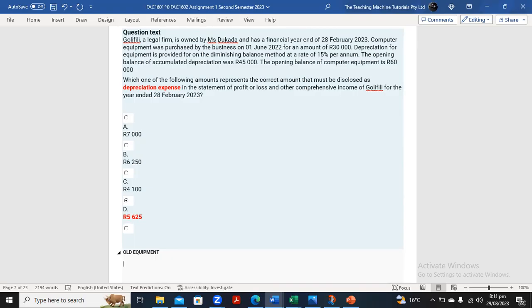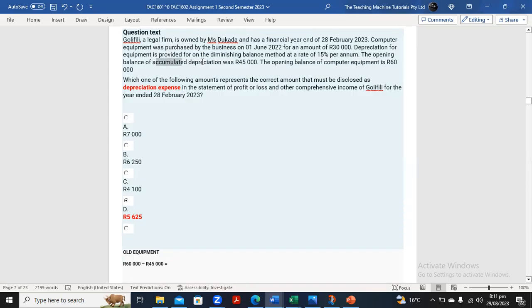The cost price of the old equipment is 60,000, minus its accumulated depreciation of 45,000. What is the difference? Remember, when we calculate depreciation on the diminishing balance method, we need to find the carrying value. So what is carrying value? Cost price minus accumulated depreciation. This is the cost price, 60,000.